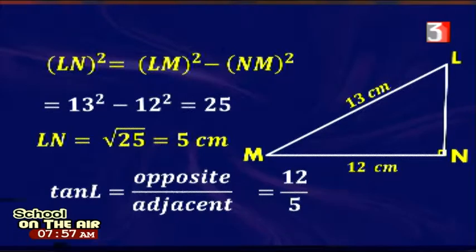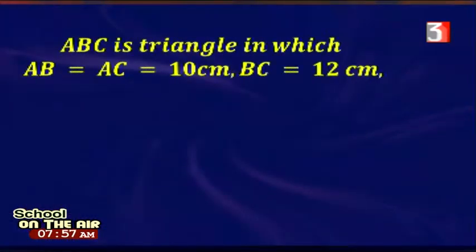Let us have another example. ABC is a triangle in which AB equals AC equals 10 centimeters and BC equals 12 centimeters.